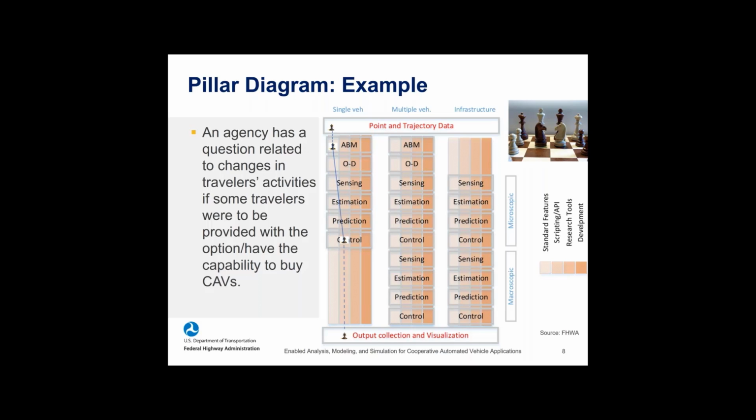So now let's say we have done that, and you had a team, and the team met in a room and brainstormed and got that done. The usefulness of the pillar diagram is that if somebody comes into the room to join the discussion, they already know what you have discussed. They already know what you think about which elements of simulation you need to do and at what level as well.